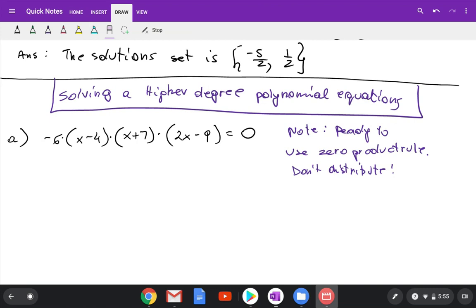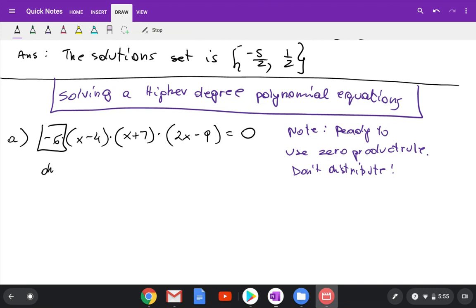So we're just going to set each factor equal to 0. But before we do that, let's just remove that negative 6. It bothers me a little bit.